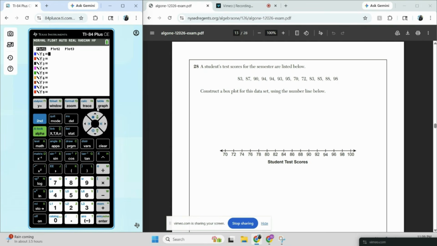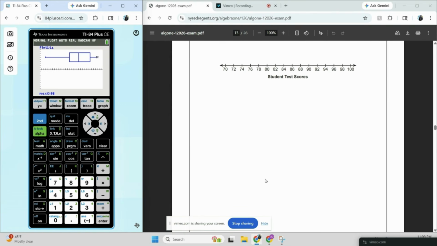Because I am doing statistics, I need to go zoom stat. That gives me my box plot. Now I need to know what those values are. So if I hit trace, I know my minimum's at 70, Q1 is 83, median 88, Q3 94, max 98. I can get my 5-num sum from here. I've got my box plot.